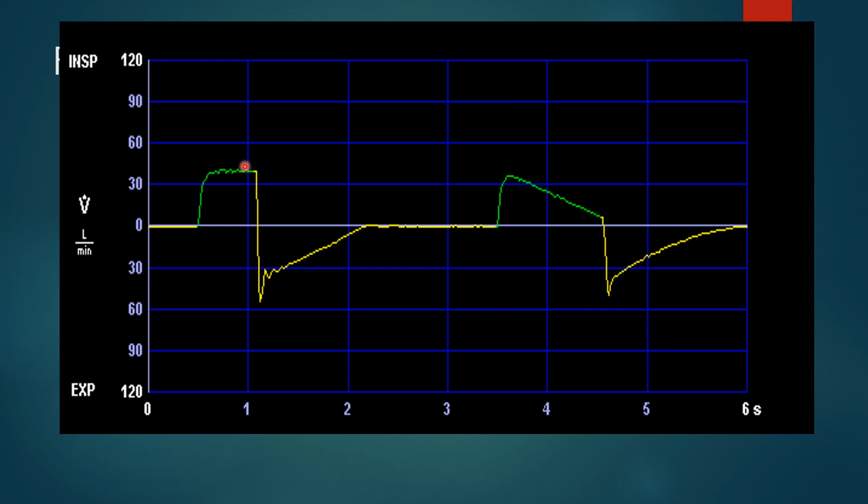And when the inspiratory valve closes and the expiratory valve opens, the pressure falls to zero, in this case, because there's no PEEP. And so the pressure falls very quickly because there is some pressure built up in the ventilator tubing, and so that volume has to be exhaled first.